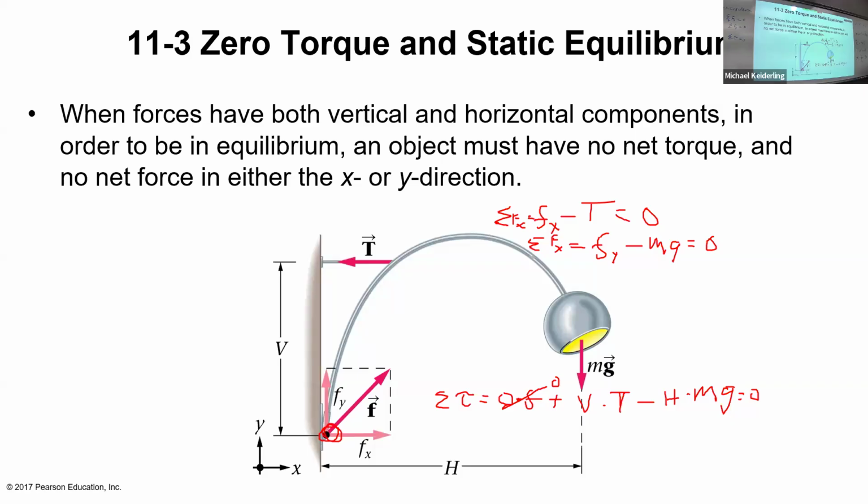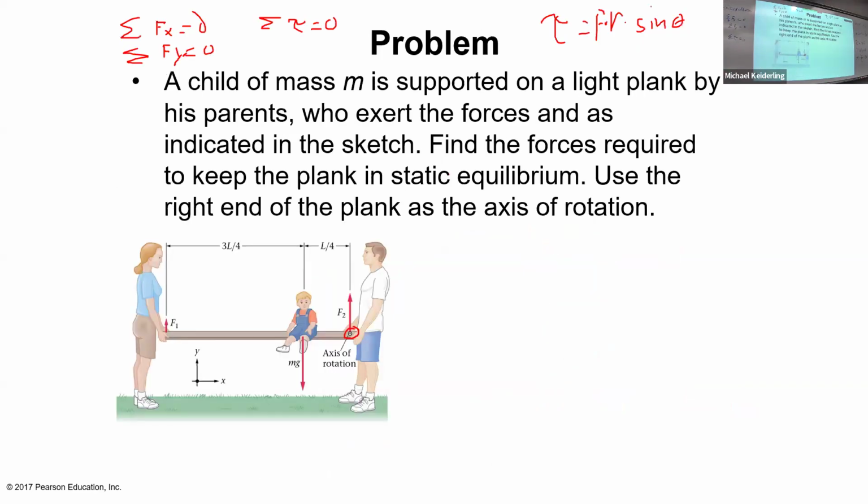We'd use this V, the vertical component, times tension, minus the horizontal component times mg, equals 0. And you can solve for the various values, the tension and the forces at this point here.